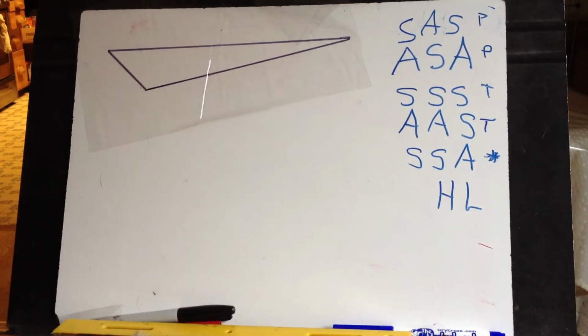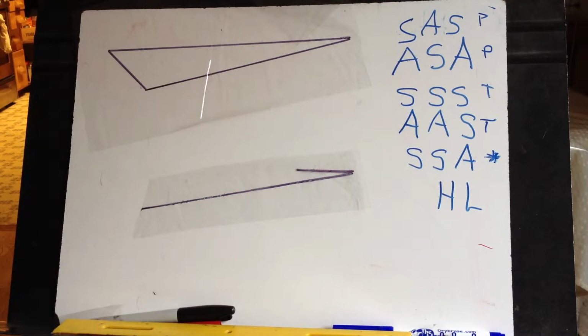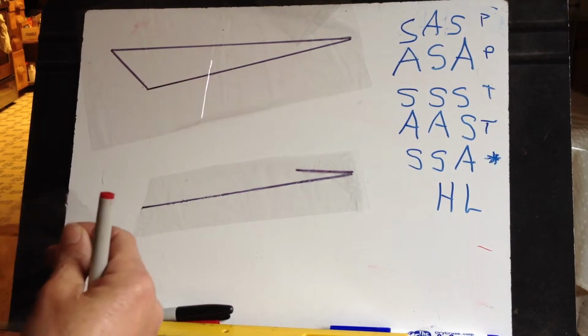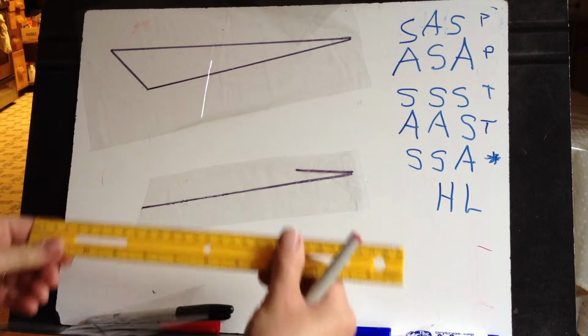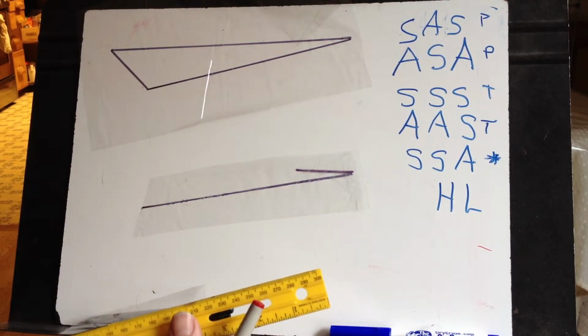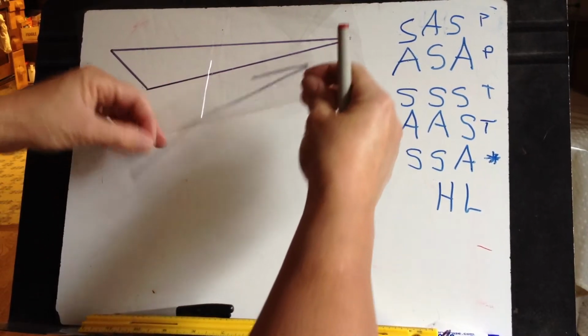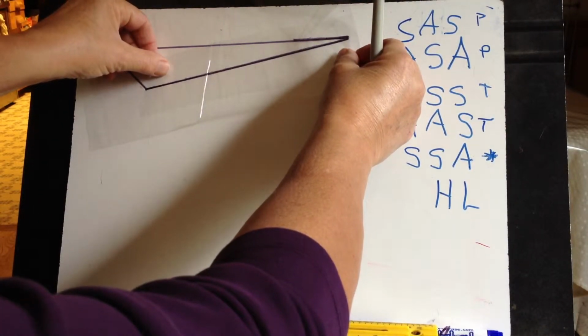Which means I've got an angle and a side. And I don't know if that side's long enough or not. Let's find another angle, which would be this one. Okay. And what I'm going to do is extend, let's see, I think I need to measure to see if that side is the same length as my original side. It looks pretty close. Okay.